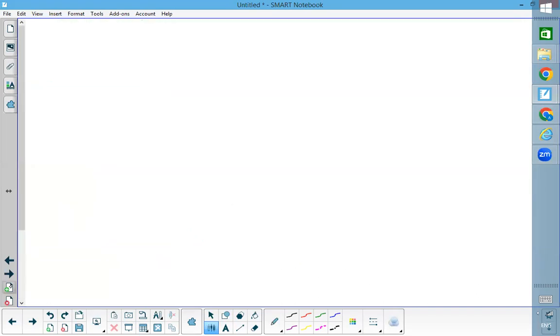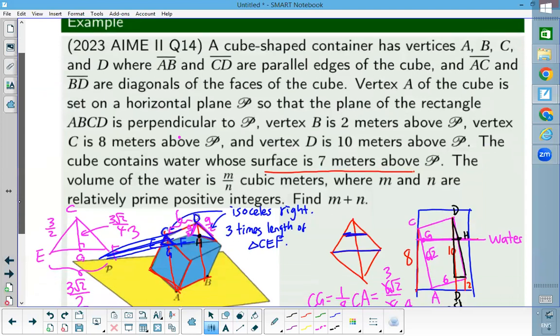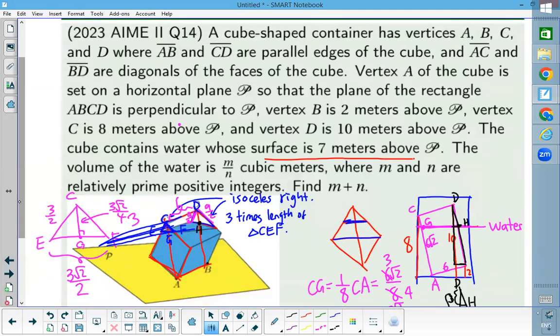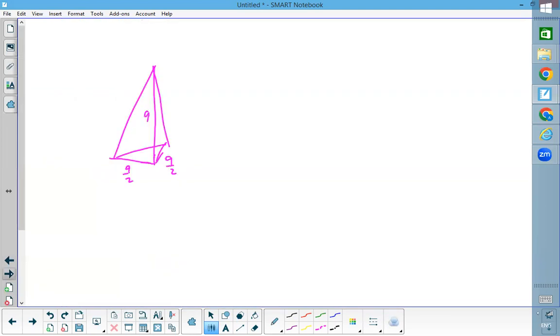So basically, this is a right pyramid. The lengths are 9/2, 9/2, and then this is 9. And then the small one is 1/3 of it, on top.